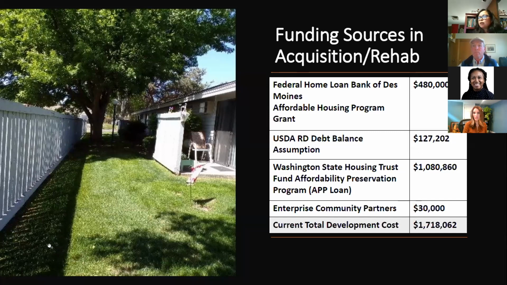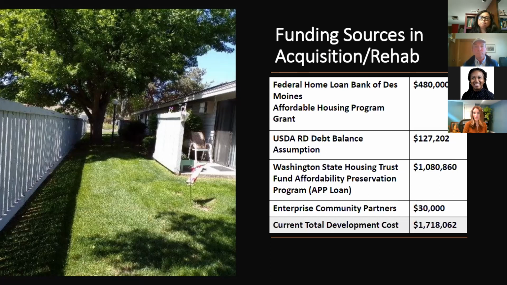We do have a combination of funding. Unfortunately, one source is not enough to make the project work and complete the acquisition and also the rehabilitation work that is needed. So we have a combination of funding sources. The first funder that provided an award for this project is the Federal Home Loan Bank of Des Moines.